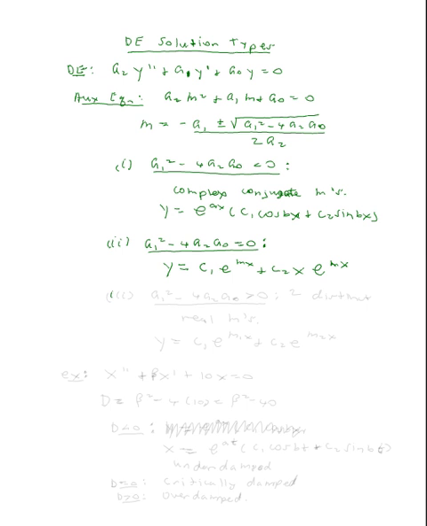Now, case 3 is where the discriminant a1 squared minus 4a2a naught is greater than 0. In this case, we get two distinct real m's.